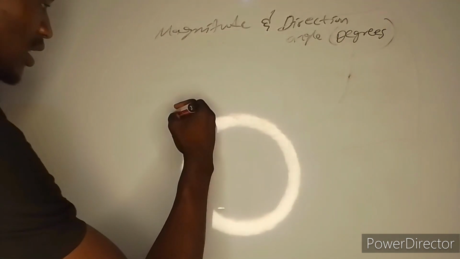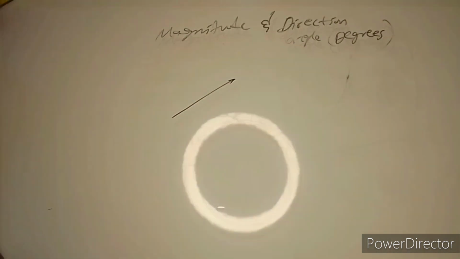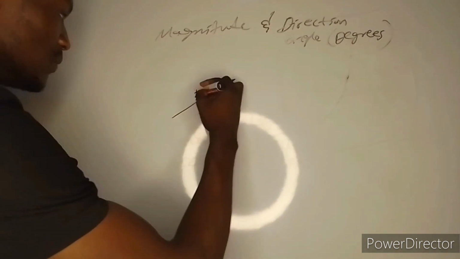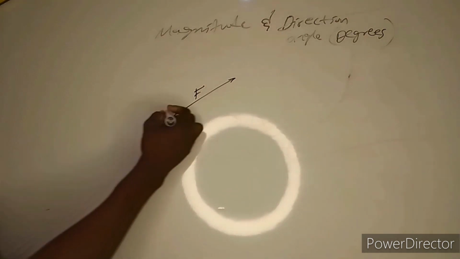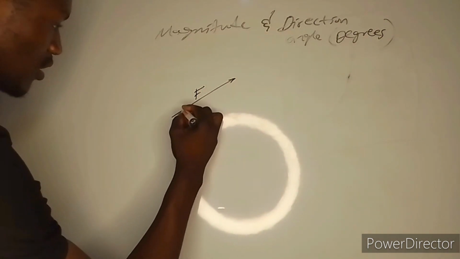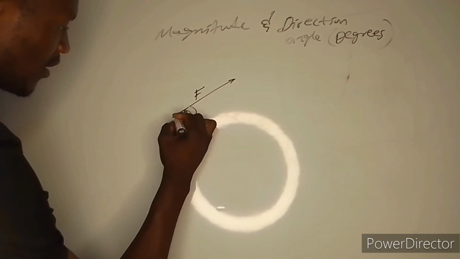Now, let us give an example of a force. Let us assume that we have a force in this direction labeled F. For us to know the magnitude of this force, it is important that we know there is a direction. Let us assume there is an angle here which is theta.